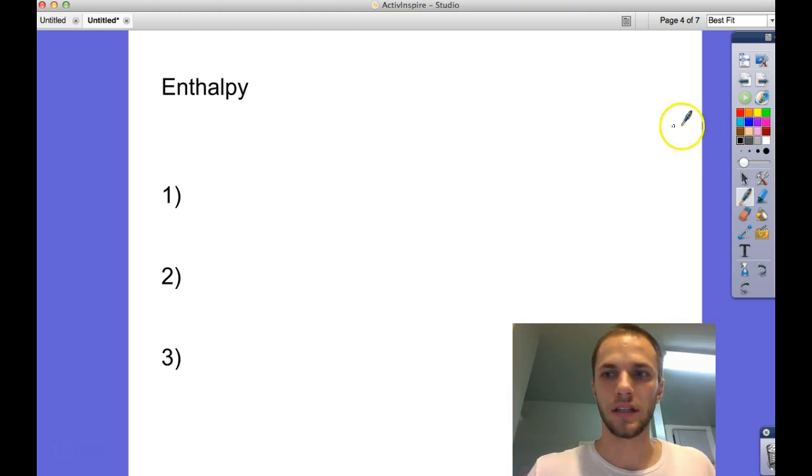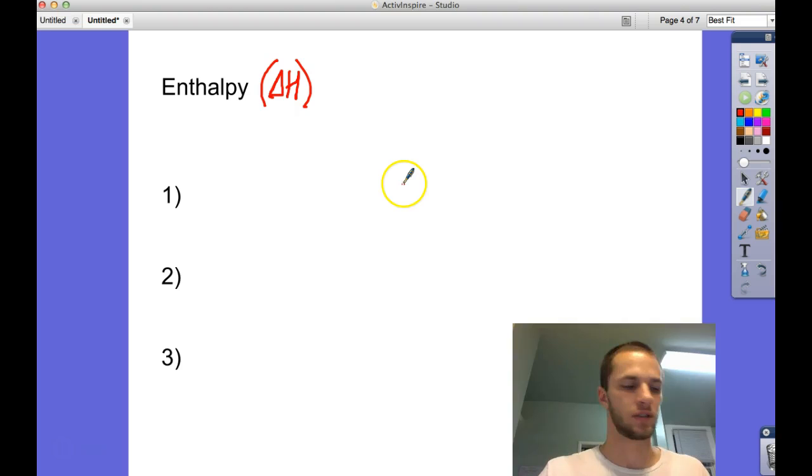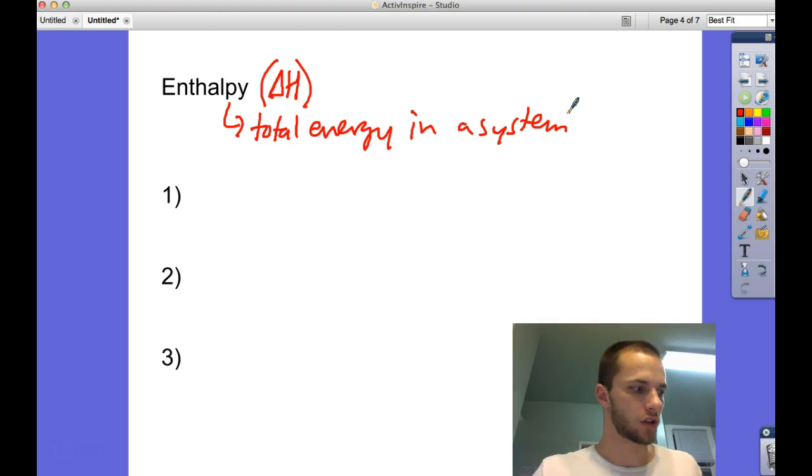Enthalpy is a new quantity that is abbreviated with a capital H. What enthalpy measures is the total energy in a system. It measures all the different types and forms of energy in the system and allows us to predict if a reaction is endothermic or exothermic and how much energy will be given off.